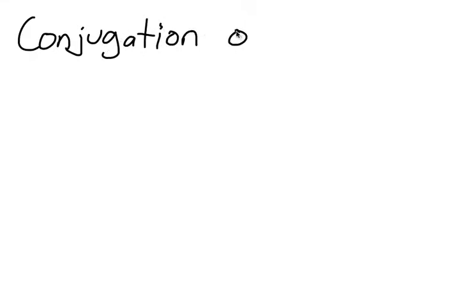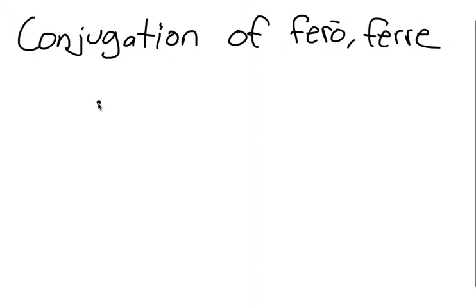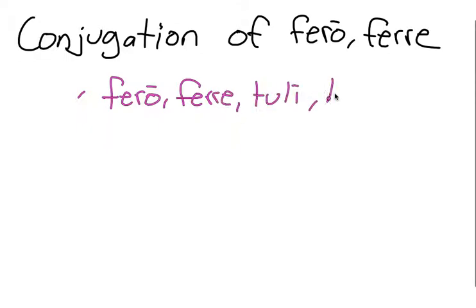Today we're talking about the conjugation of the verb fero, ferre, which is one of the most common verbs in Latin, but it's also irregular. So I'm going to take you through this. The principal parts are fero, ferre, tuli, latum.